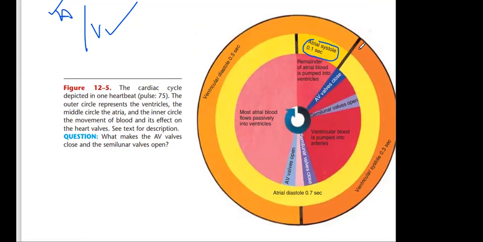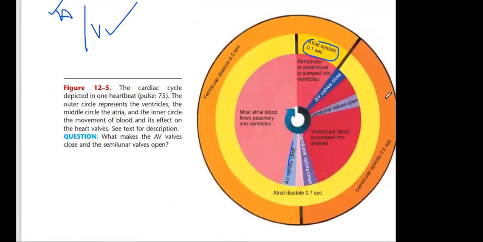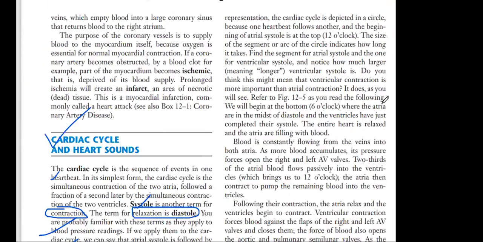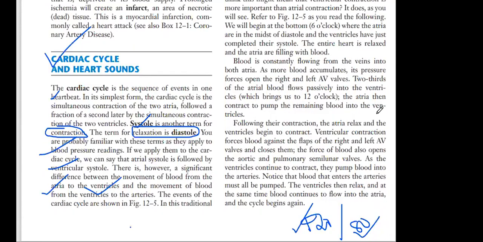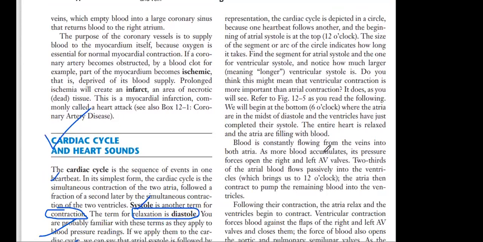The atrioventricular valves open, then blood will enter the ventricles. This cycle is confusing, so I will explain. First we will do the theoretical part, then we will discuss it practically.